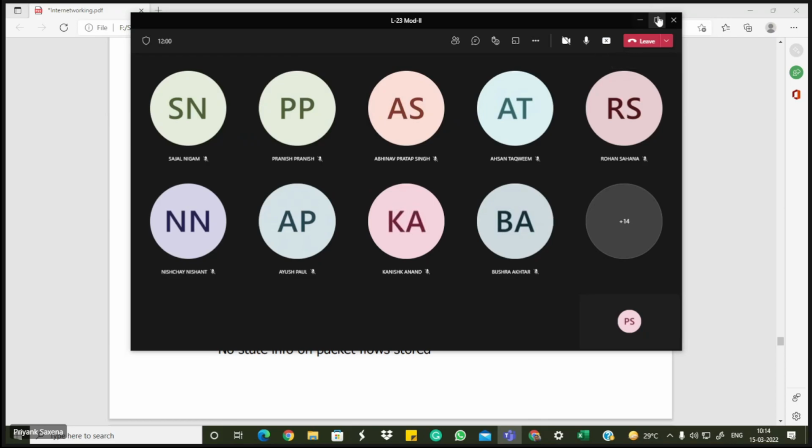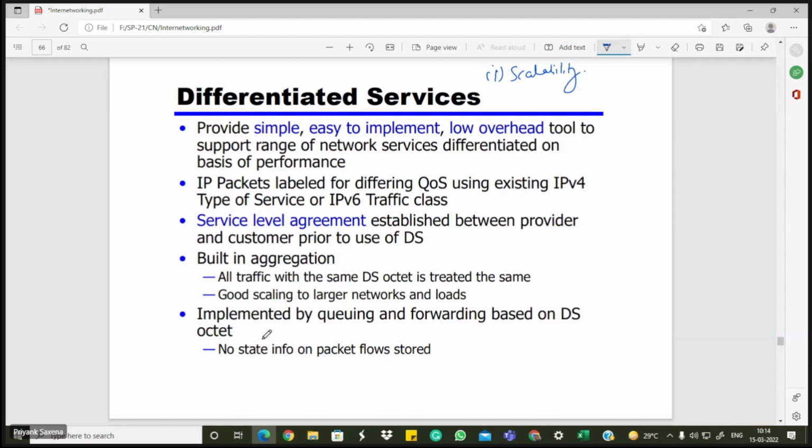So maintenance of that information is very difficult in case of a very high volume of traffic.